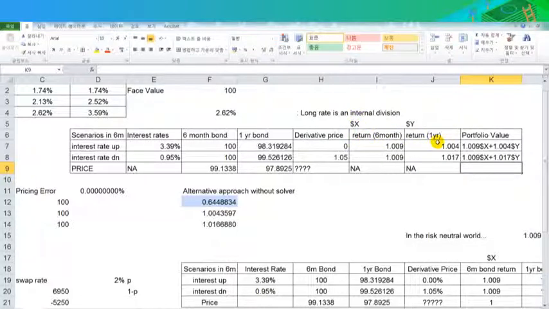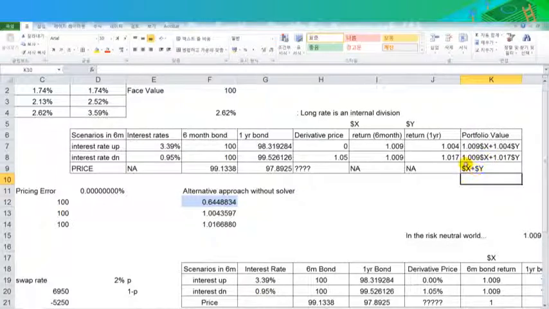And value of portfolio today, since you invest X dollar in 6 months bond and Y dollar in 1 year bond, which means that in order to have this portfolio value, what you need is just X and Y. So if we invest X dollar here in 6 months bond and Y dollar in 1 year bond, the value of this portfolio today is simply X dollar plus Y dollar.